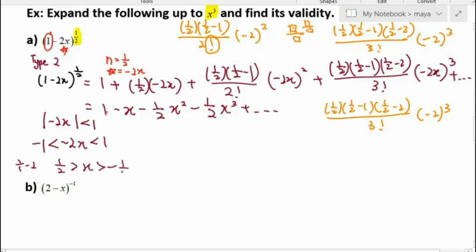And you need to rearrange this, where the smaller value is at the left-hand side following x, and this symbol follows 1 over 2. So this is my validity. When we want to substitute the value of x into the expansion, it must be in between these two, between negative 0.5 and 0.5.